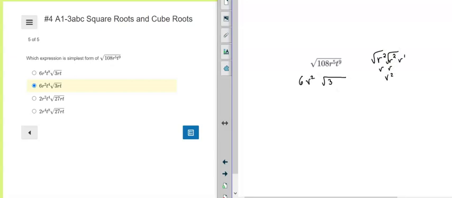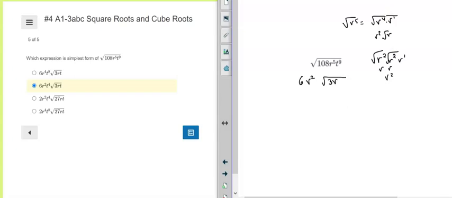A shortcut would be if I did square root of r to the 5th and try to find an even number in it, and I can just divide this by 2. So that would be r squared, and then the r gets left over here. Okay, so I forgot to put that.